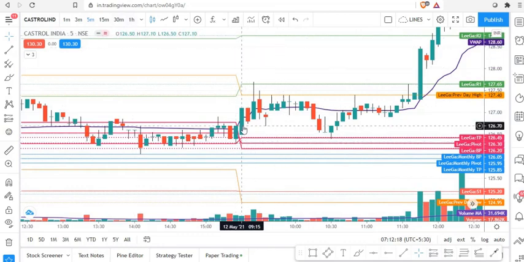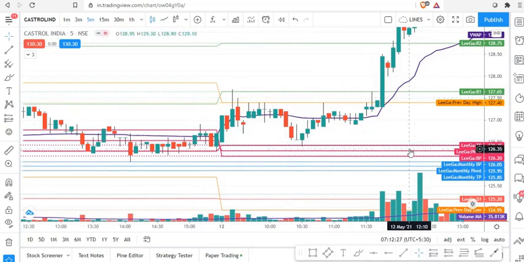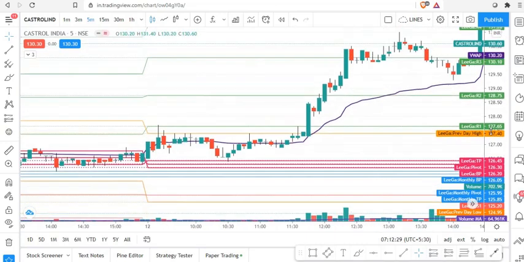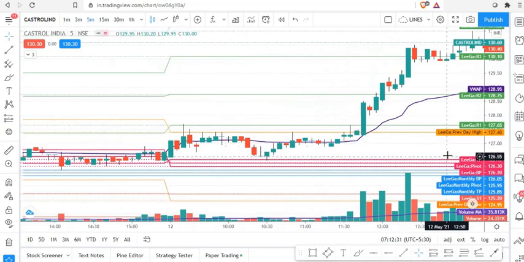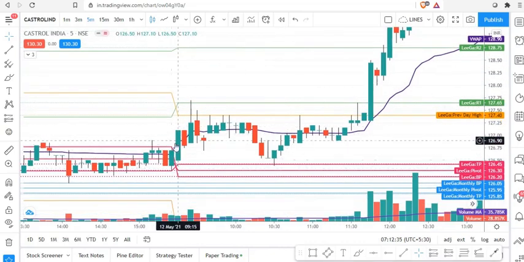We can check here. Open is 126.50, 126.50. There is a lot of difference. So here we can go for Castrol Industries. This open is exactly equal to low. This is a bullish candlestick.